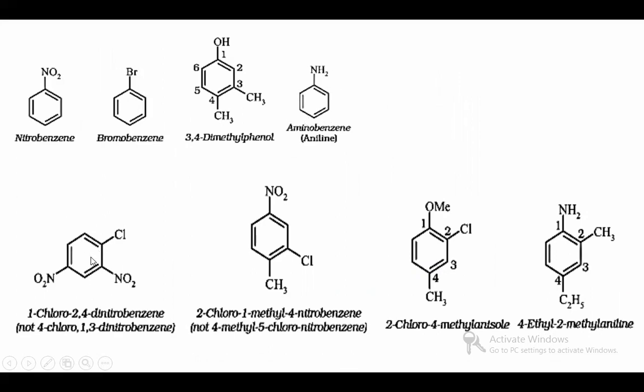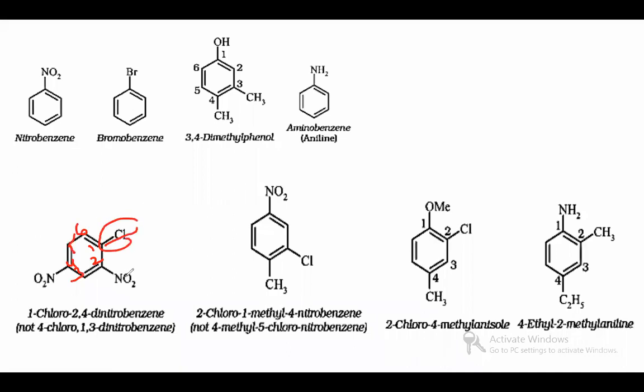And if groups are attached to benzene, one Cl, one NO2, one NO2, okay, NO2 and Cl. So it should not be numbered from this side; from this side the lowest number will be given to the chloro, nitro groups. So 1 chloro, 2, 3, 4. The numbering has to be given from this side, 1, 2, 3, 4, 5, 6, six-membered benzene.